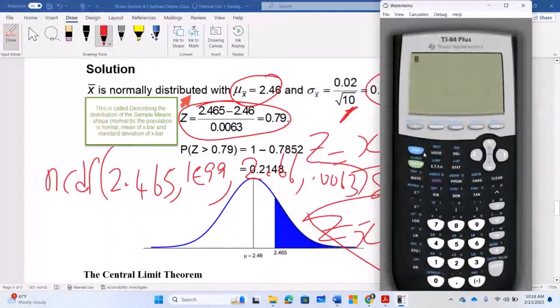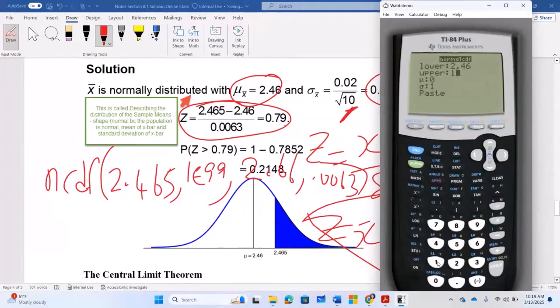All right. So I'm going to do second distribution, and I'm doing normal CDF. Number 2, the lower bound is 2.465. The upper bound is 1e to the power 99.